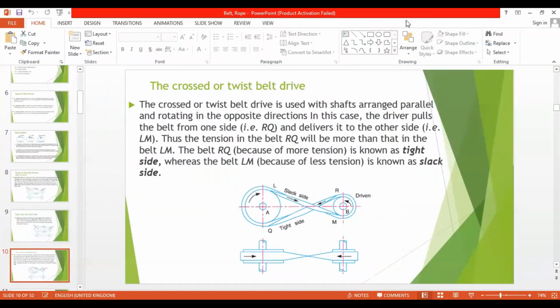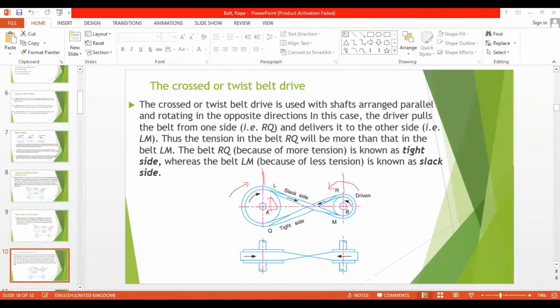As with the open belt, the axes are parallel, but here the rotation of the pulleys is in opposite directions. The driver is rotating in the clockwise direction, while the driven is rotating in the anti-clockwise direction.